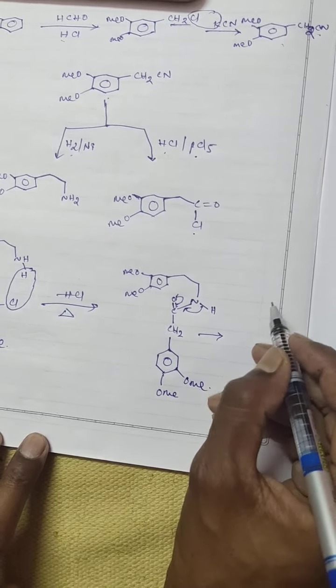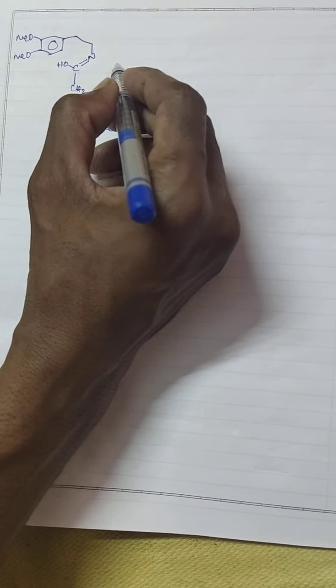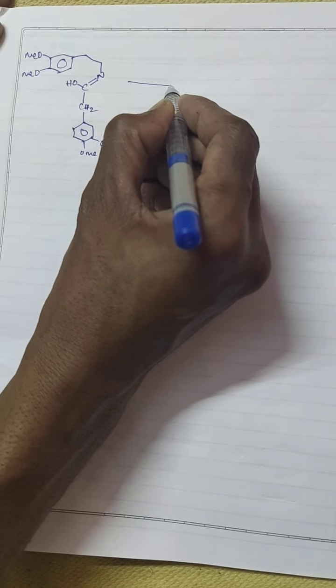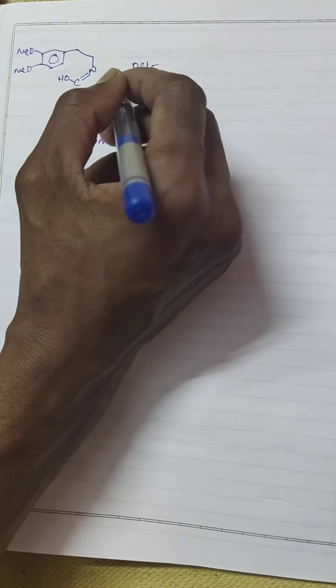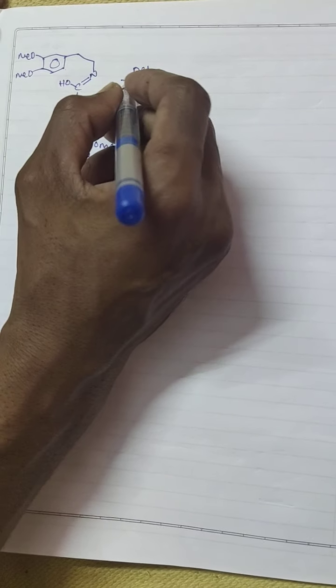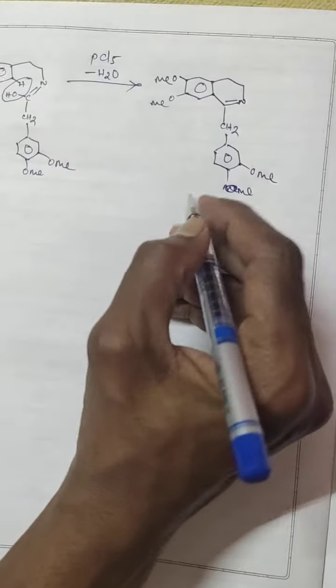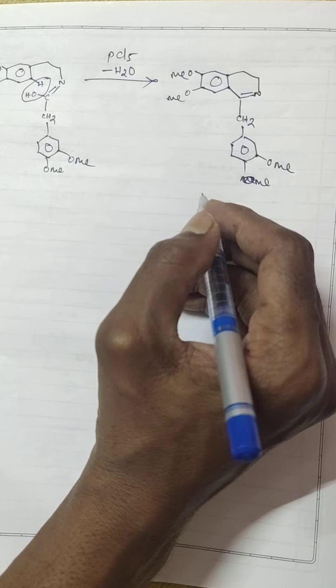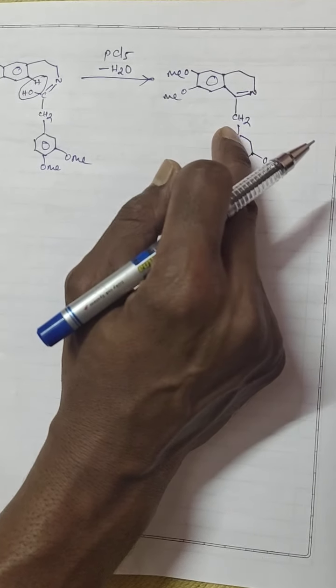So the compound whenever reacts with PCl5, phosphorus pentachloride, here cyclization takes place by the removal of water molecule. So here hydrogen is present, so the removal of hydrogen takes place and forms this compound.